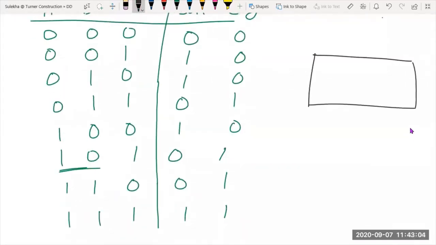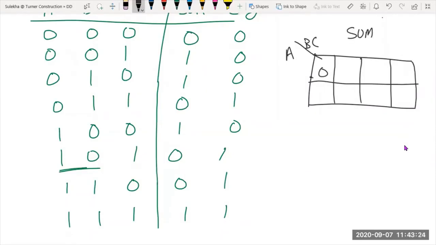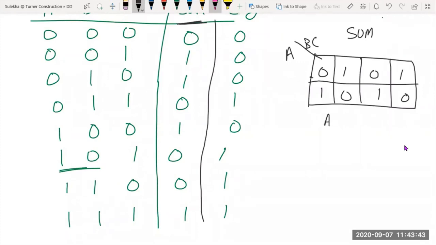If you draw the k map, your k map will be like this: a, b, and c, and here it is. If you substitute all the things from this column, you will get 0 here, 1 here, 0 here, and 1 here. This is 1 0 0 1. And by seeing this k map, you can realize that this is nothing but a XOR b XOR c.